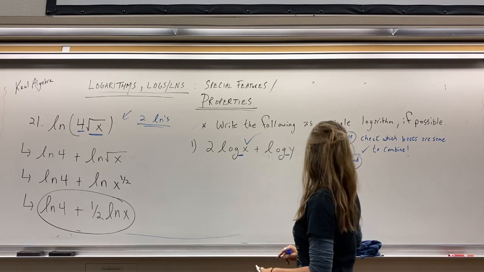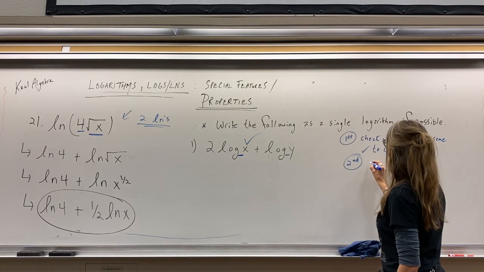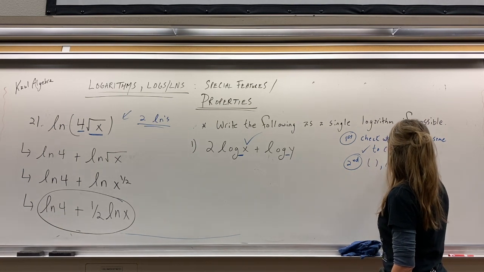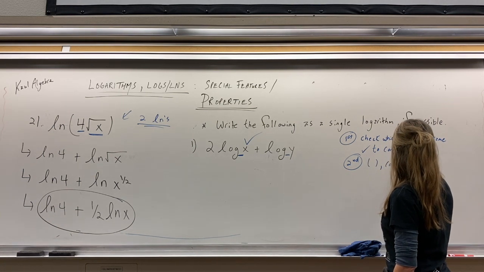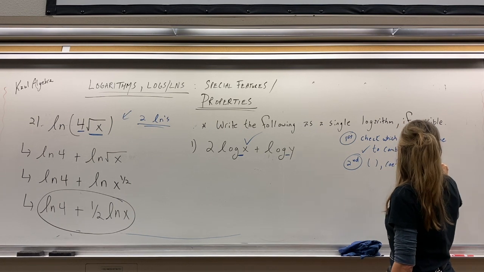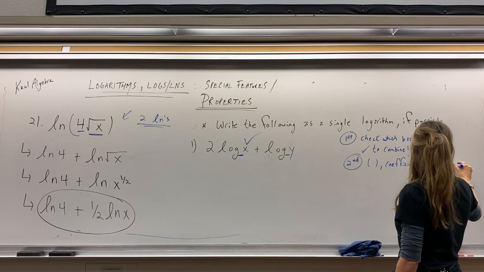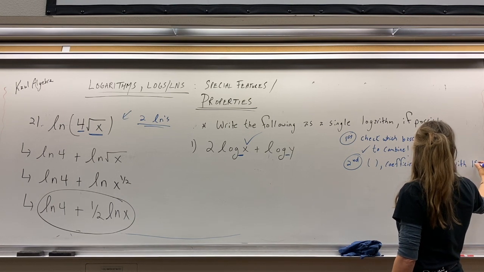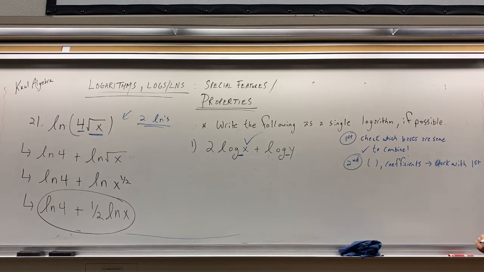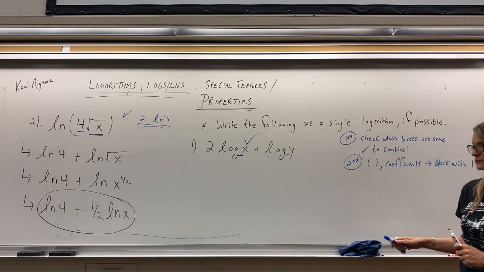Here we want to do the power rule first. So second, if you have coefficients, you want to work with those first. Sometimes you'll have a lot of parentheses in these expressions too, and you have to distribute your terms and do all the simplification first.